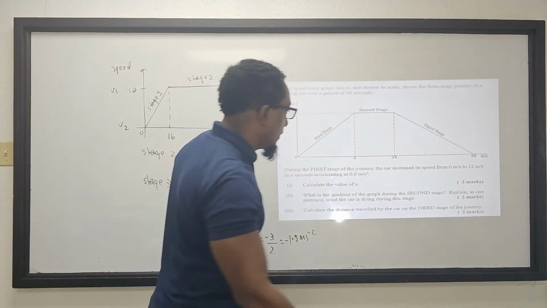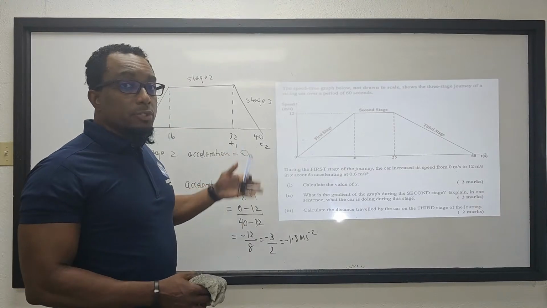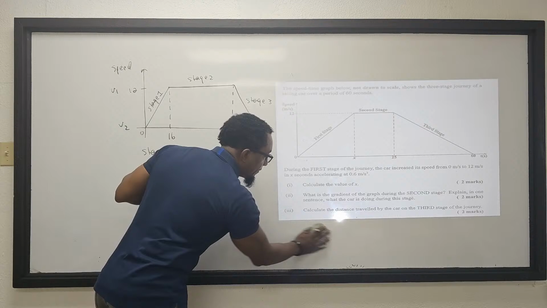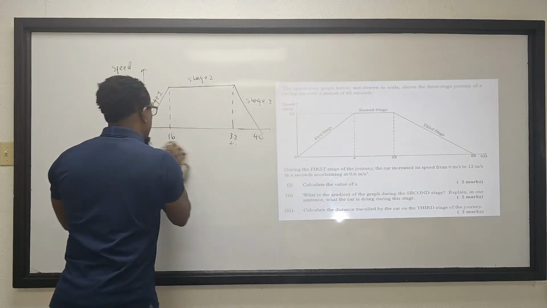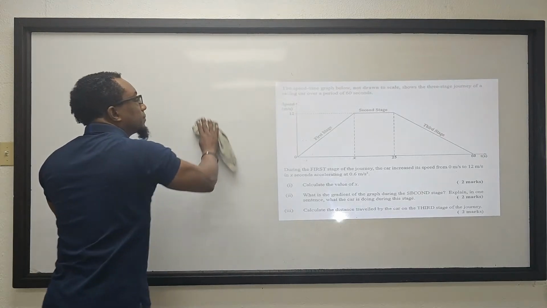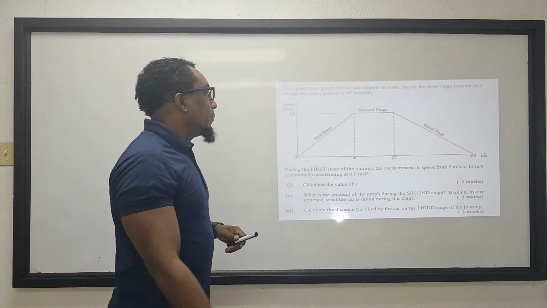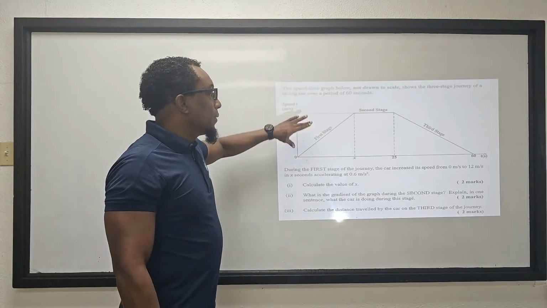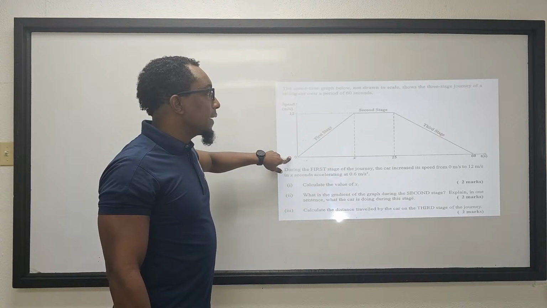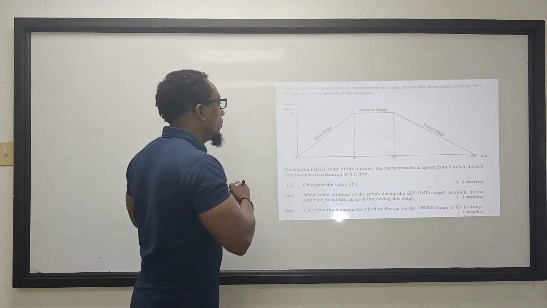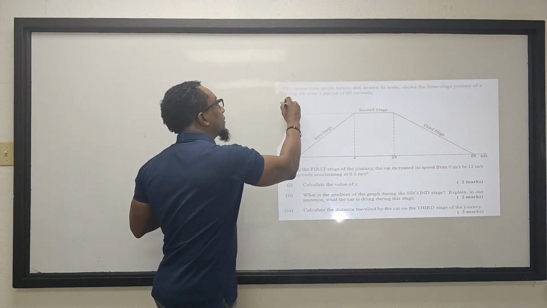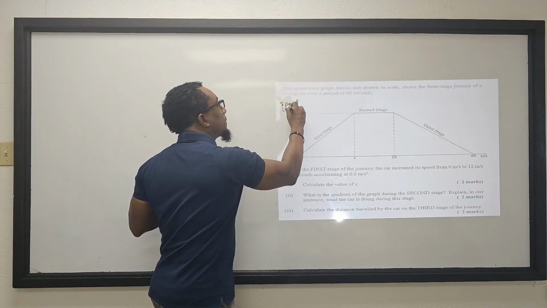Alright, let's look at this here. Another speed time graph or velocity time graph. Right, so they want us to calculate x. So during the first stage of the journey, the car increased its speed from 0 meters per second to 12 meters per second. So this is 0, this is 12, this is speed, meters per second.